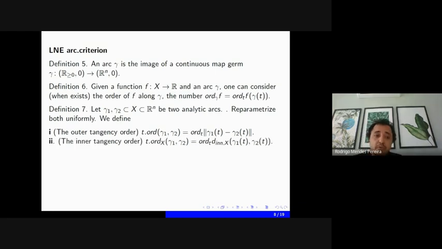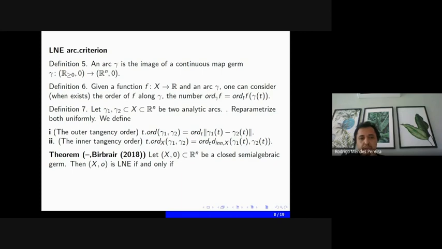And when it's possible, you can also speak about the inner tangency order. It's the tangency order in a similar way, but now you replace the outer distance with the inner distance. In a large class of cases, for example when X is semialgebraic, these numbers are well defined. For algebraic sets, analytic sets and subanalytic sets, you can speak about these exponents.